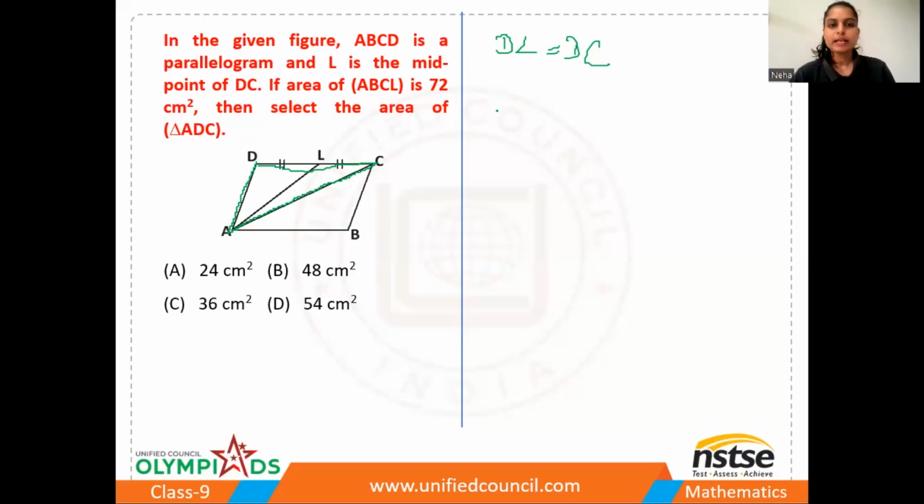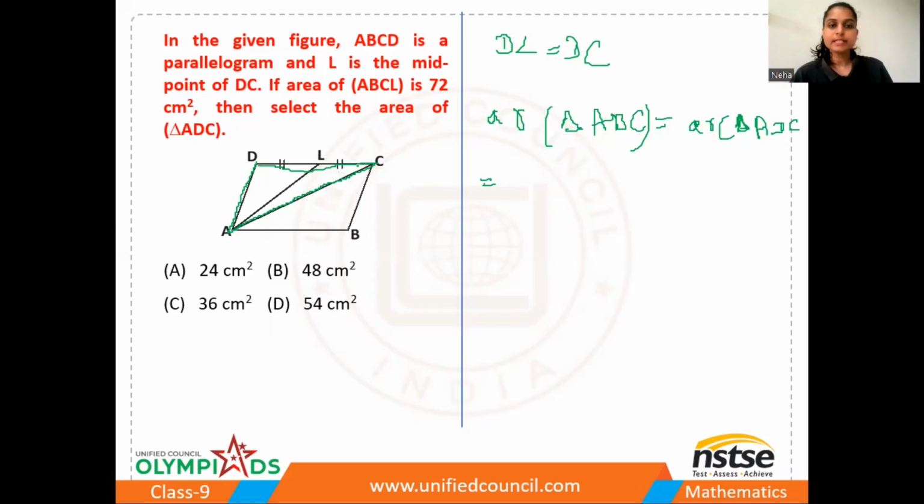So we can say that area of triangle ABC would be equal to area of triangle ADC, right? Because in the parallelogram, the diagonal cuts the parallelogram into two equal triangles, right? That's why the area of this triangle is equal to the area of this triangle, right?